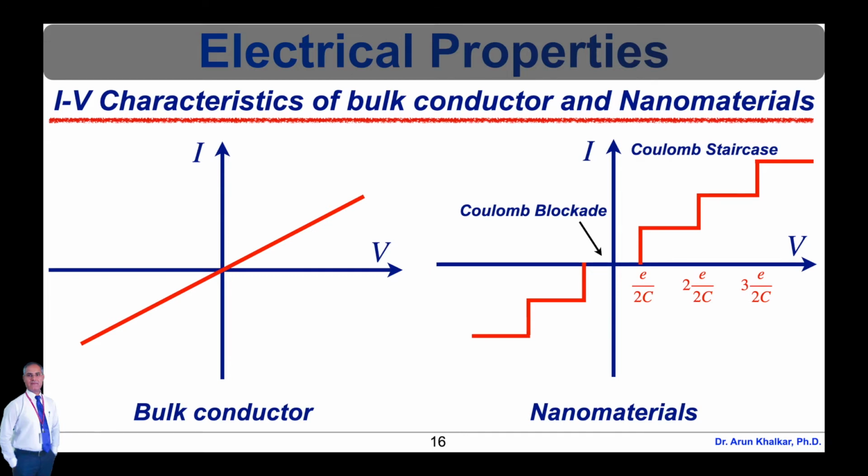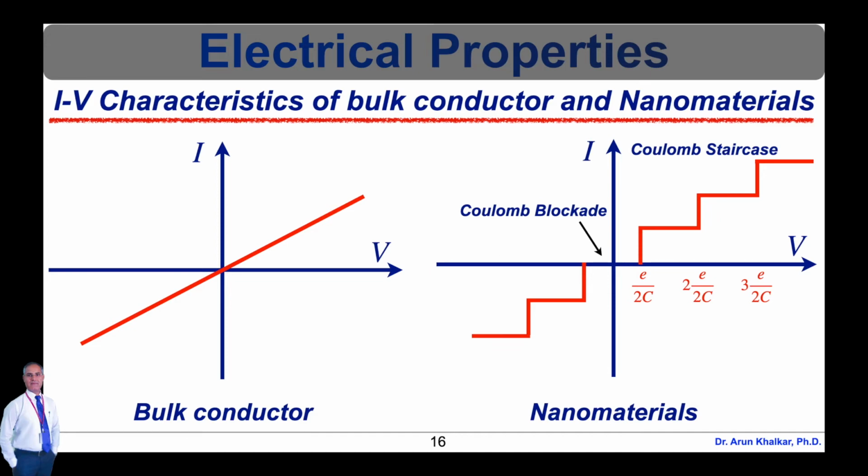Therefore, when the voltage is less than this, the electron cannot be transferred. This gives a region of zero current at low bias voltage, and this is known as the Coulomb blockade region. The electrons are transferred when the voltage is plus minus e upon 2C. The repeated tunneling of single electrons produces the Coulomb staircase as shown in this graph.